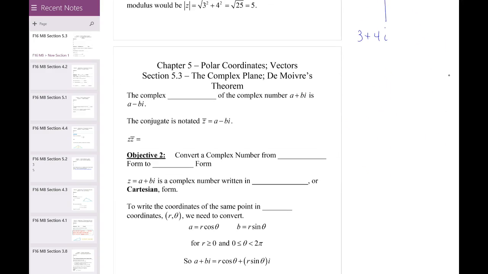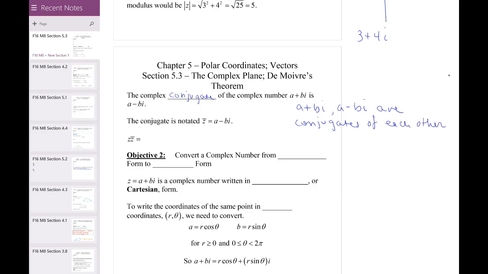Okay, so then you've also learned about something called the complex conjugate. So the complex conjugate of the complex number a plus bi is a minus bi. Well, these numbers are conjugates of each other. So a plus bi and a minus bi are conjugates of each other.